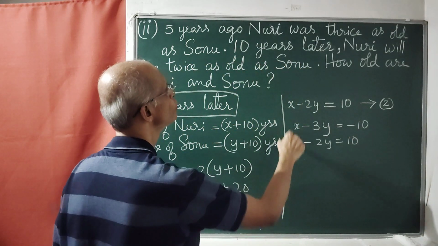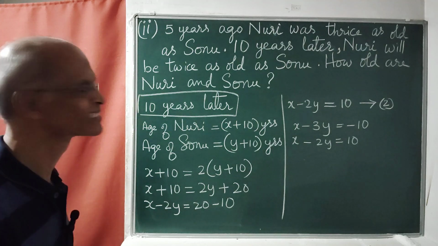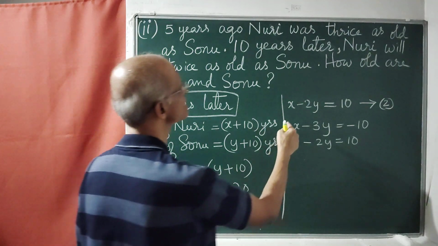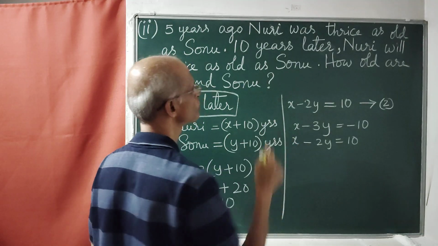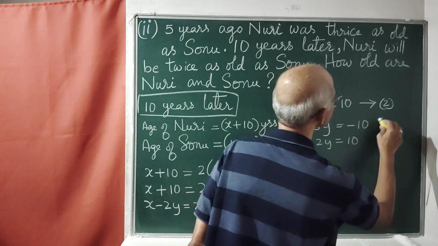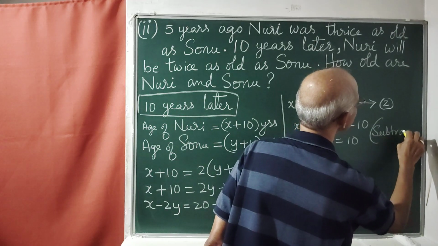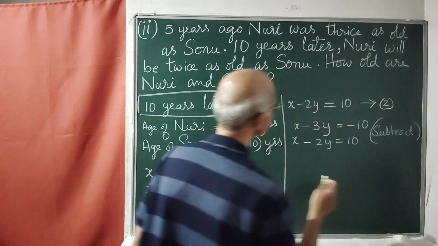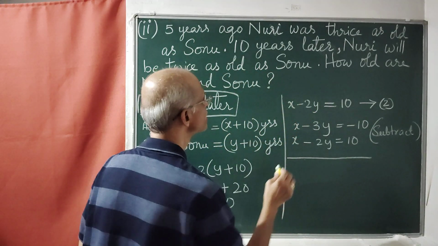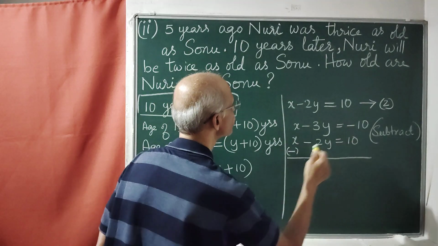So now you can see that the coefficient of X is equal, that is 1. The signs also are same, plus and plus. So now I have to subtract them. If I subtract them, then the X will be eliminated. So change the signs of the lower equation.